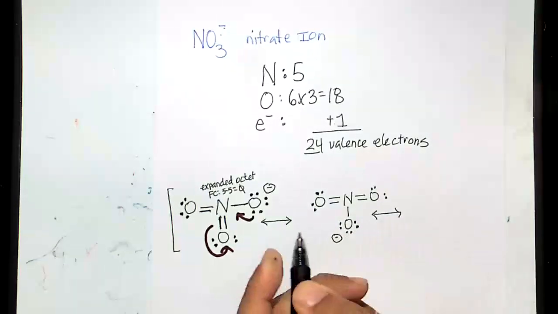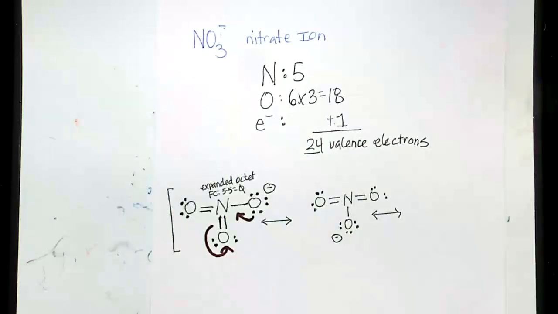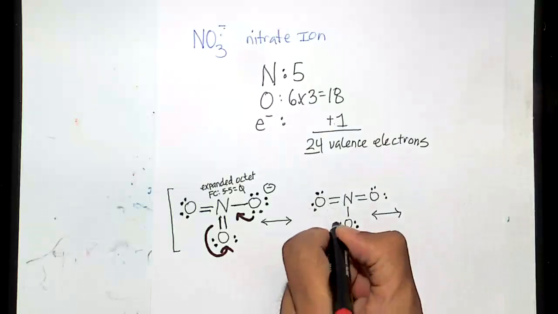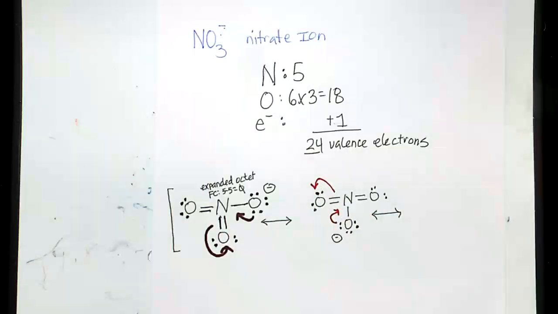And then, what's the last one? Single bond where? To the left. Very good. So to do that, I can take this pair of electrons, move it here, kick out this pair of electrons, and move it back to the oxygen to make it single bond.